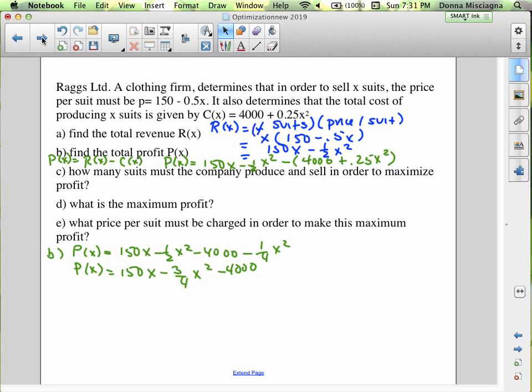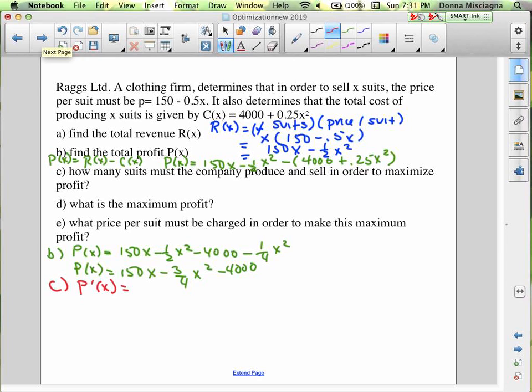All right, so let's do that, and I'm going to do it in red over here. I've already combined the like terms, so rather than having to combine the like terms a second time, we'll just use the combined like terms. The derivative of 150x is 150.